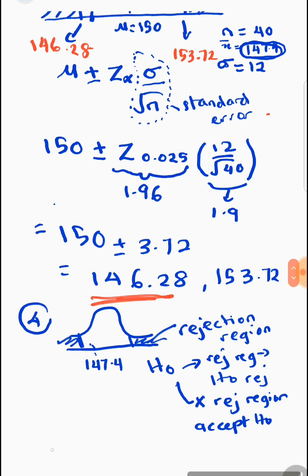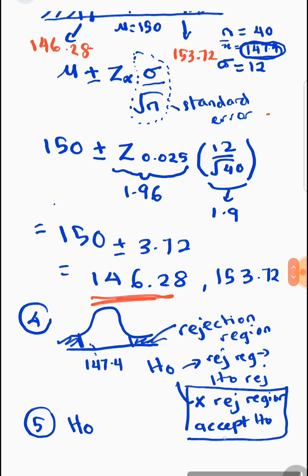So now, based on this itself, we can fairly say that 147.4 is not in the rejection region. Therefore, the conclusion would be, since it's not in the rejection region, this will be applicable.